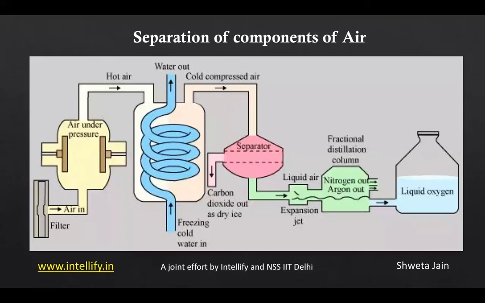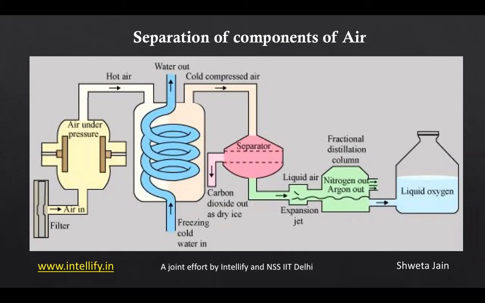We can see the diagram over here for separating components of air. Air is let in through a filter. It passes through a chamber where it is subjected to pressure. This hot air is then passed through another chamber where we can see a freezing cold water inlet and water outlet. Here the air cools down.